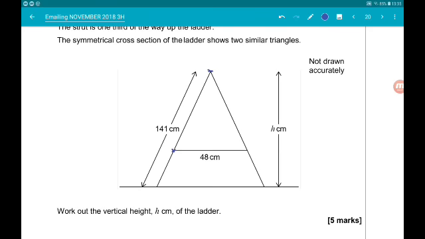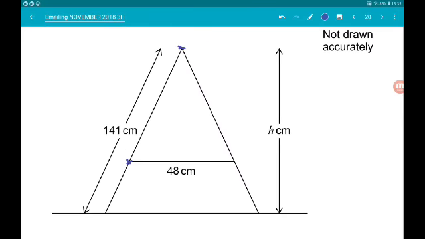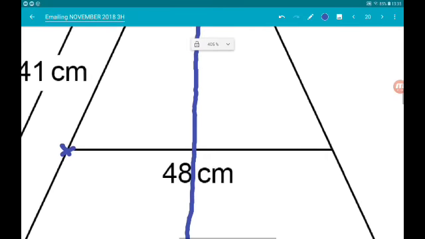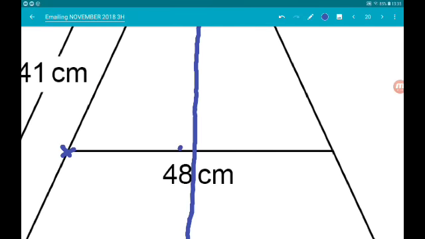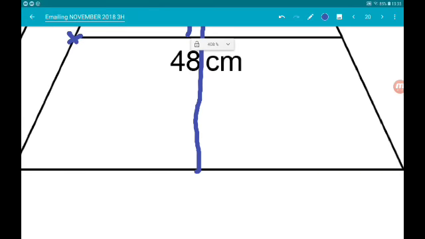Okay, so we know the slant of the ladder is 141 centimeters. We know it's symmetrical, so we can cut it down the middle, and then we know that this is a right angle, and we know this is a right angle.